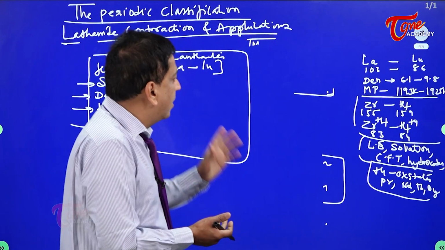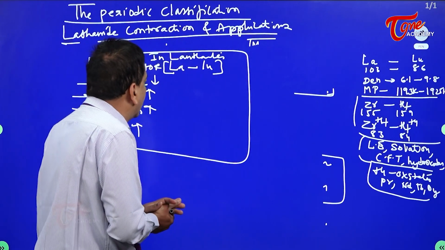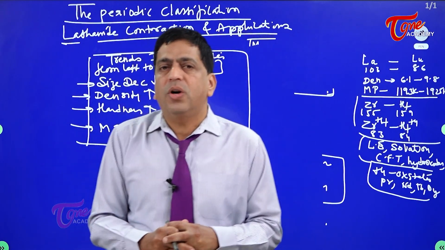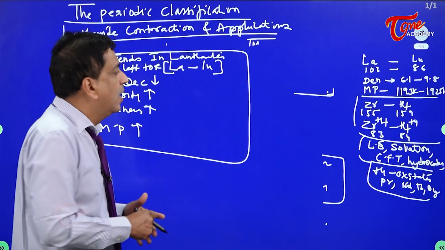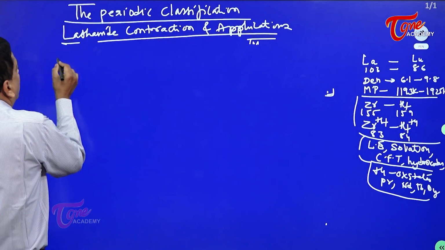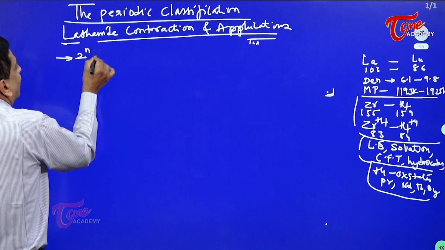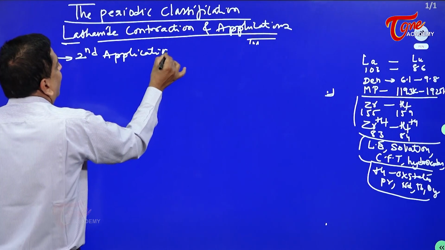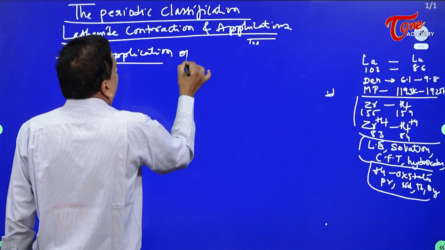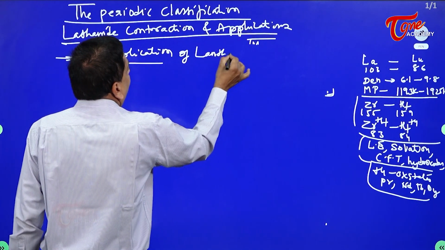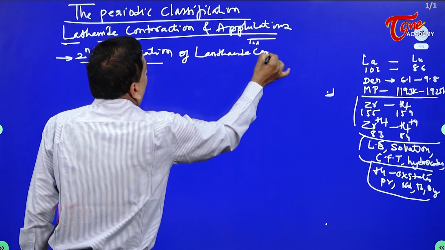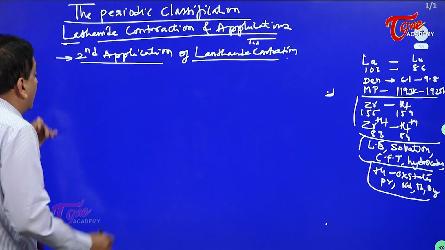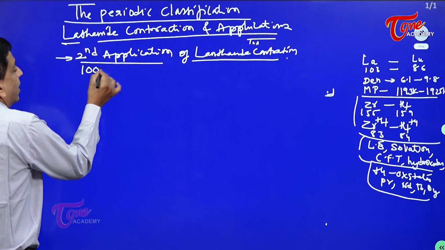And there are several other direct consequences which we will be discussing one by one, and the next one is also extremely important, and I draw the attention of everyone, please. The second application of Lanthanoid contraction, you can bank on, this is 100% sure in exam.